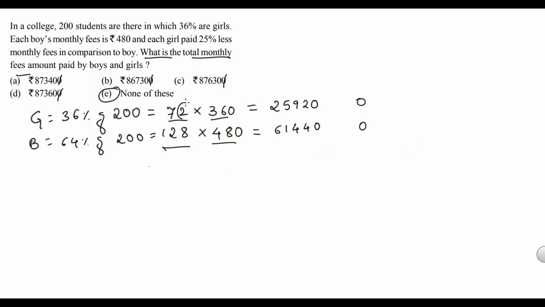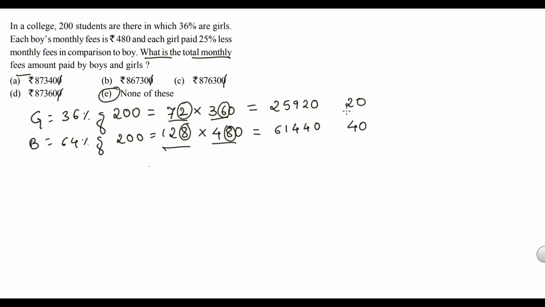Now if I multiply these last two digits, 2 into 6, what should be my last digit when I multiply 2 and 6? The last digit should be 2 here. And what is the last digit if I multiply 8 and 8? 4.